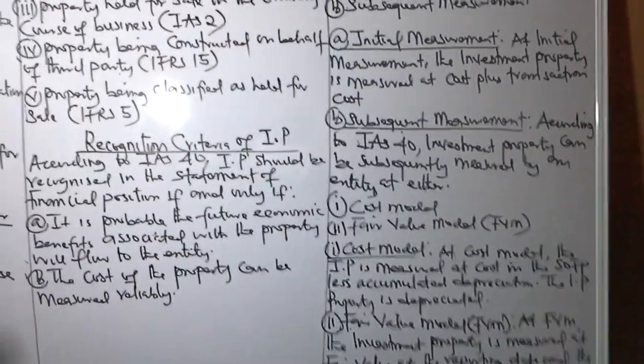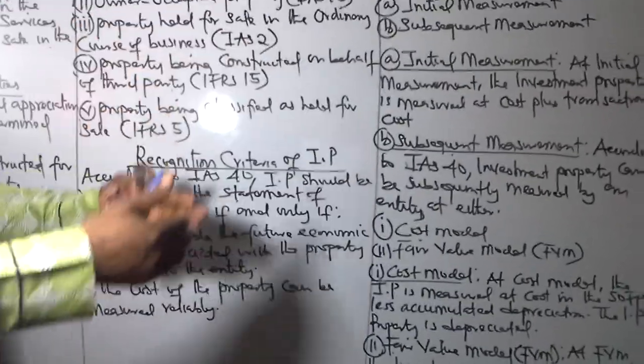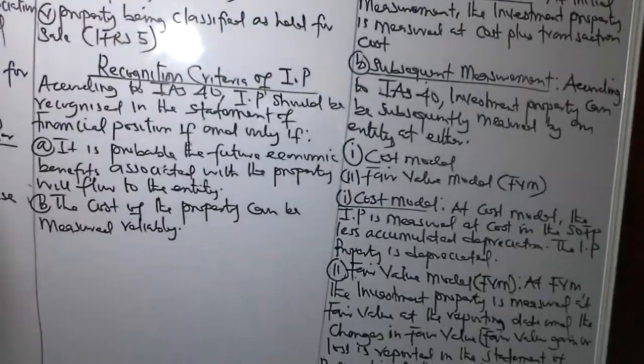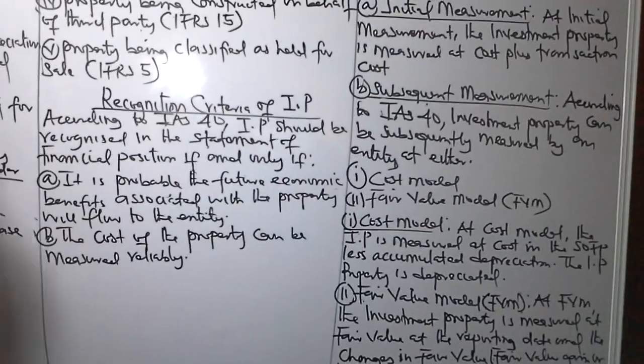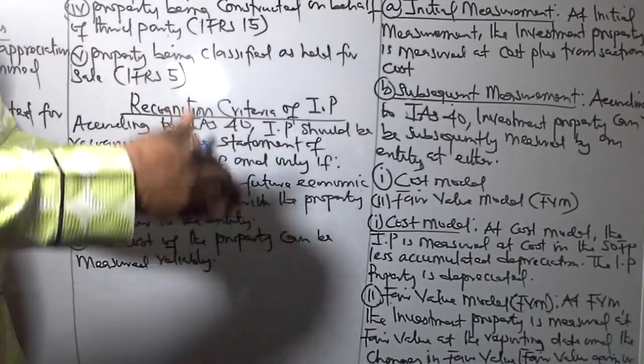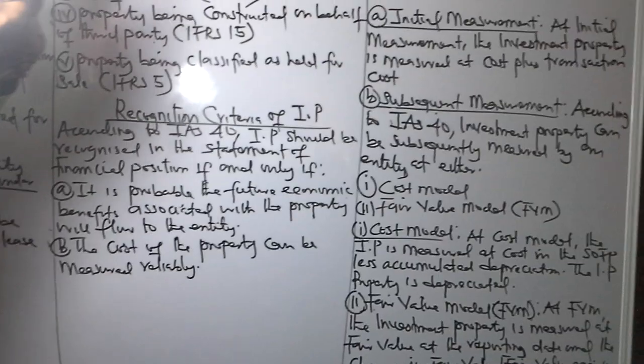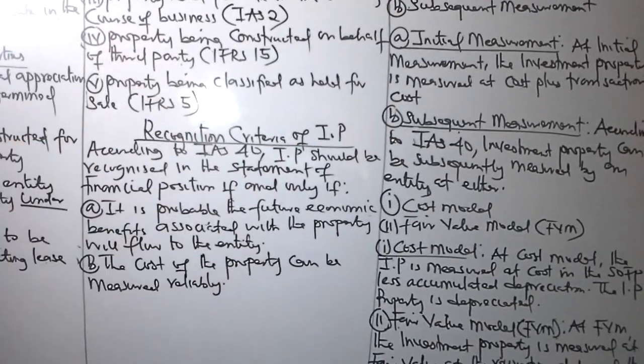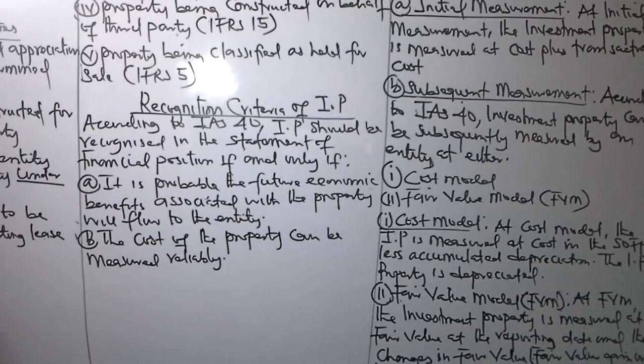When you talk about subsequent measurement, you are saying how are you going to determine the value of that investment property at the end of each accounting year. Is that clear? At the end of each accounting year. That is the subsequent measurement.